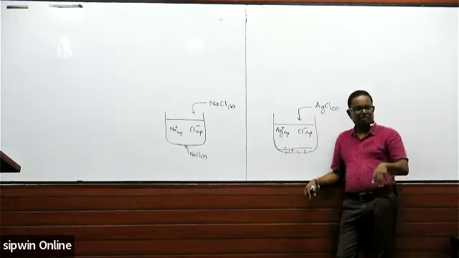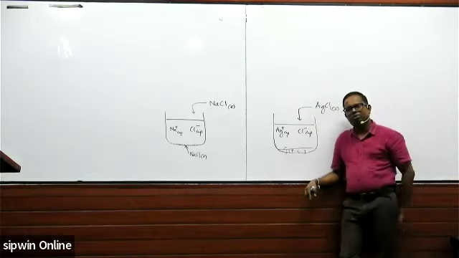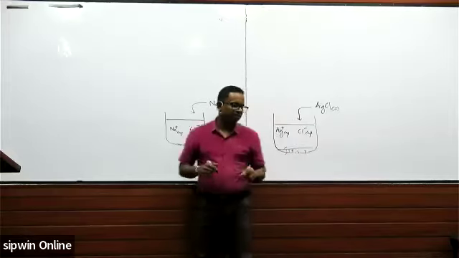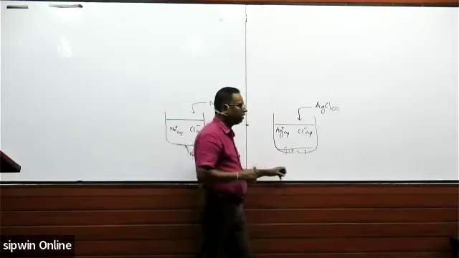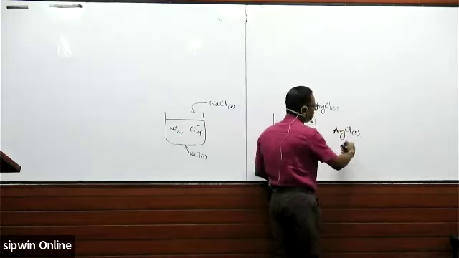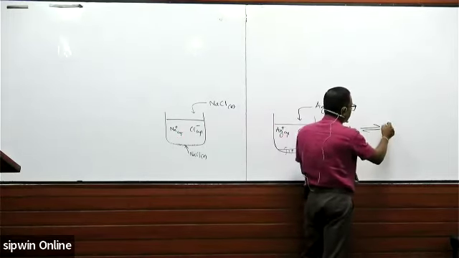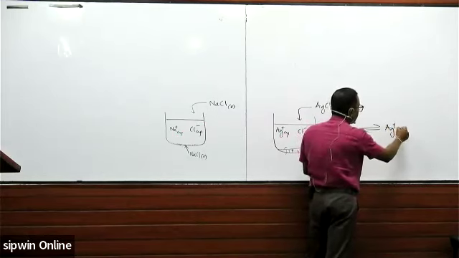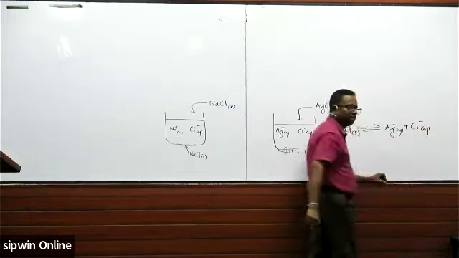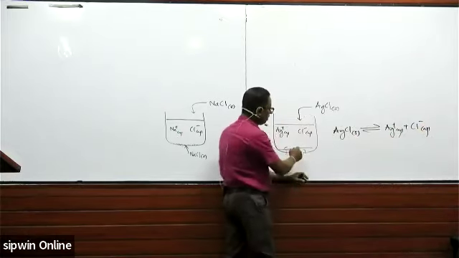Same thing. You have this silver chloride precipitate like this. Here there is actually an equilibrium. What is the equilibrium? Silver chloride solid, silver ions aqueous, chloride ions aqueous.